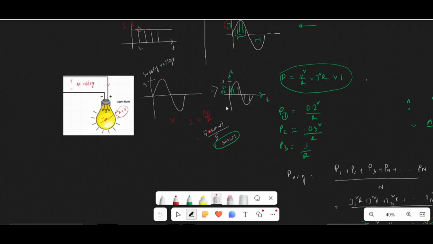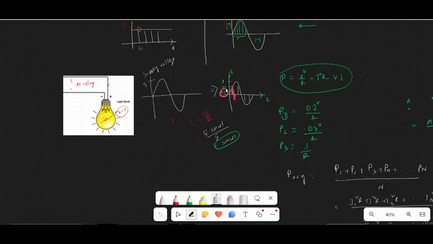So how do we calculate its power? From our previous lessons, you might be familiar with the equation that P may be represented as V square divided by R, or I square times R, or VI, any of the three. To calculate them, we need to take sample power output. If we take this point at T1, we get I value 0.02.